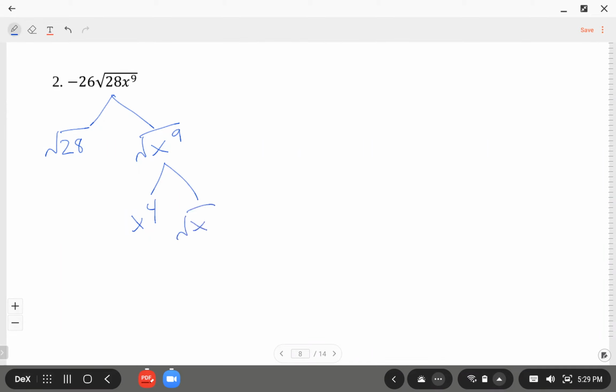Okay, so in 28, we have actually 2 times the square root of 7 because it's 4 times 7, and the square root of 4 is 2.